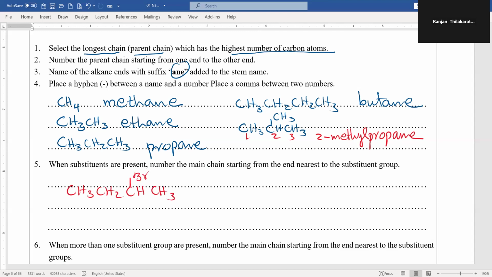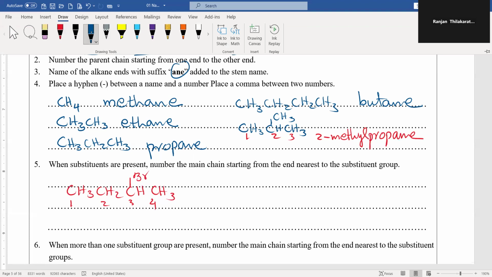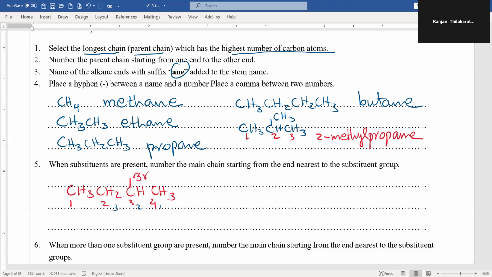You can number the chain 1, 2, 3, 4, or from the other end. When we number the chain, we have to number from the side where the substituent carbon gets the least number. In this case, if you number from the left side, it will be 1, 2, 3, then on the third carbon you have bromine.